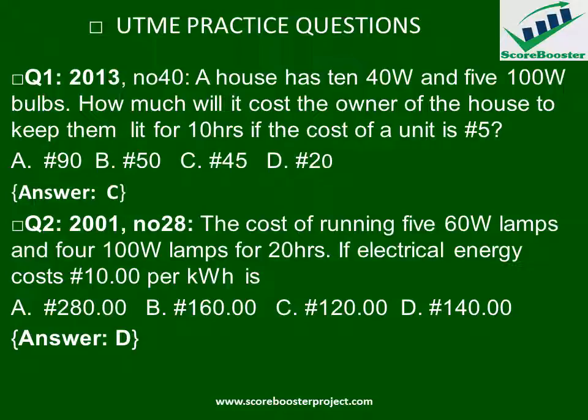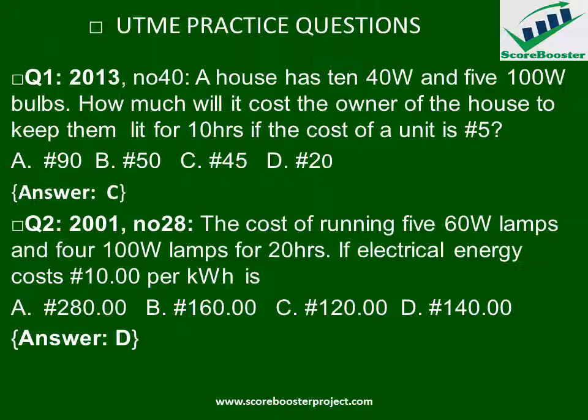How much will it cost the owner of the house to keep them lit for 10 hours if the cost of a unit is 5 naira? So we have option A to be 90 naira, option B to be 50 naira, option C is 45 naira, while option D is 20 naira. The expected answer here is option C, which is 45 naira.